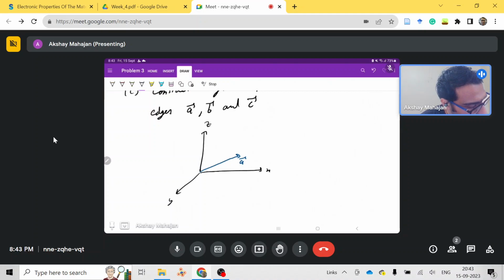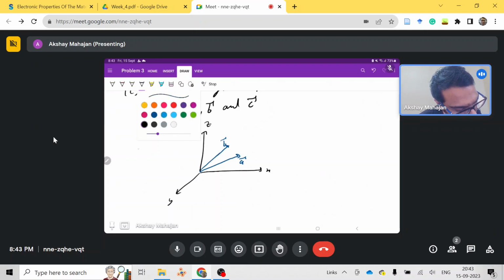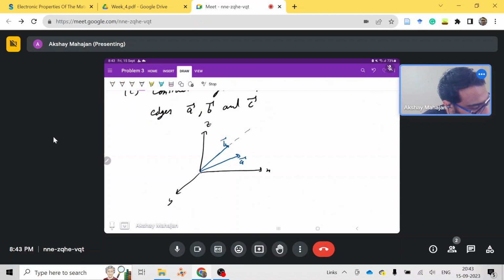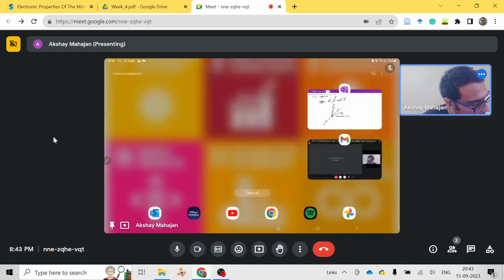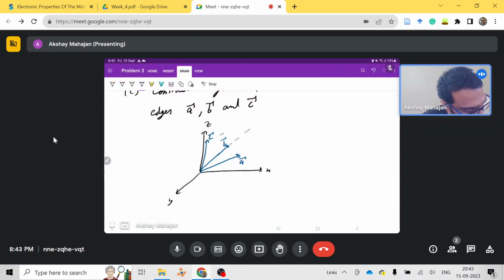Let's say your B vector is along this direction, along the minus y cap, I'm just taking it along the minus y cap, and let's say your C vector is also in some direction like this. Okay, you can check that this will form a parallelepiped. This is basically a parallelogram in 3D, right?